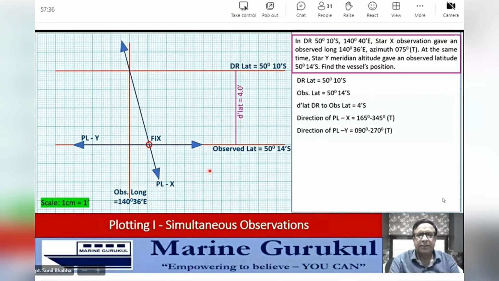And what do we see? The latitude of the fix is same as the observed lat, and this distance is the departure of the fix from the observed long. So we see that the departure is 1.1 minutes east from the observed long.